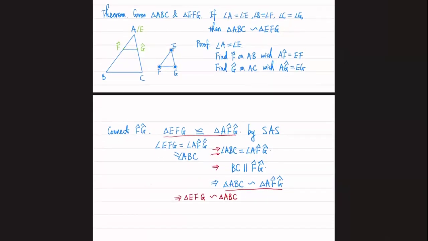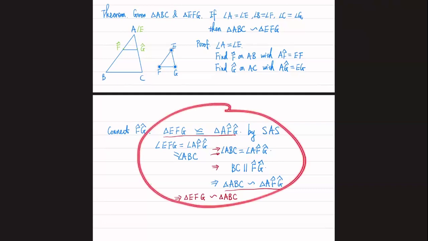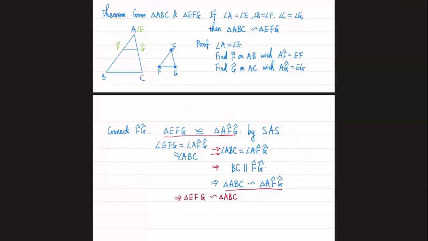Okay. And the method by which this is proved will be used again and again in the future to prove other similarity theorems. So given two triangles, the key step is to create a copy to show that these two triangles are congruent and these two triangles are similar, then this one will be similar to ABC.